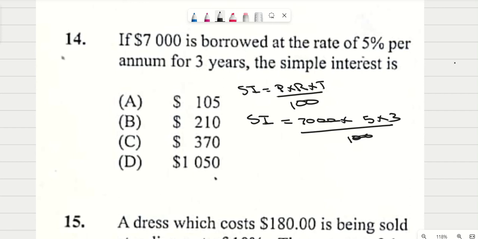You cross all these zeros, you get 70 by 5 by 3, 5 3s are 15, 15 by 70 is 1,050. Your answer is D, $1,050. Even if I did not have to multiply, these are such big values, it could never be A, B, or C, right?